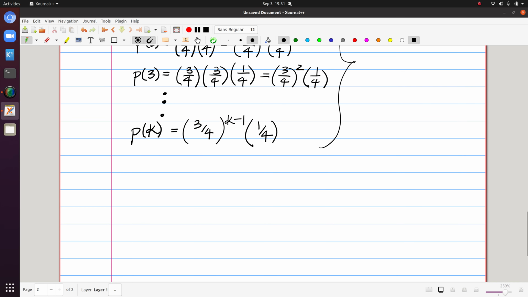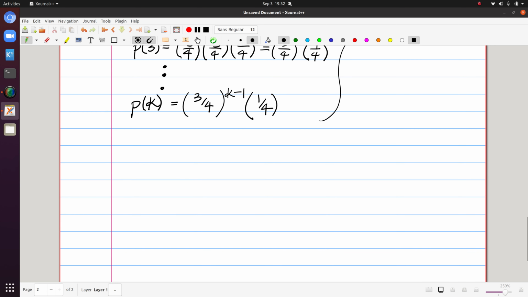So thinking about it this way here, there's a couple things to consider. Let's see. So we know that the mass density function, if you sum over all possible values of the random variable, which in this case we said would be whole numbers 1 to infinity, equals 1.